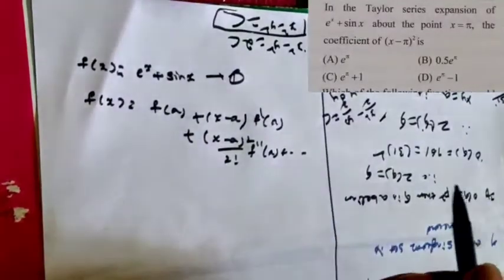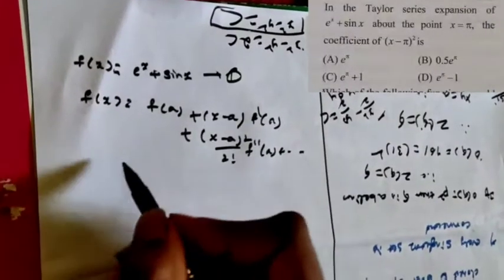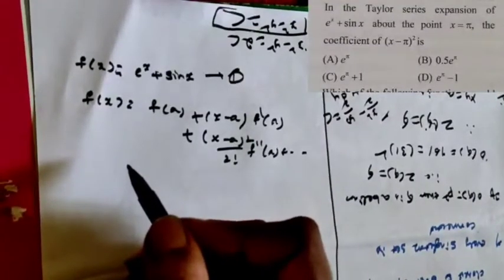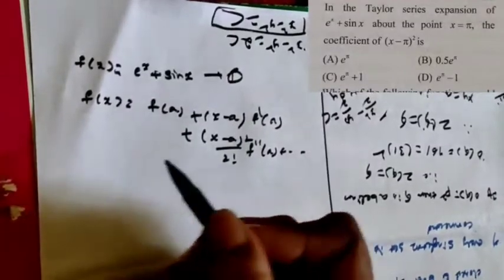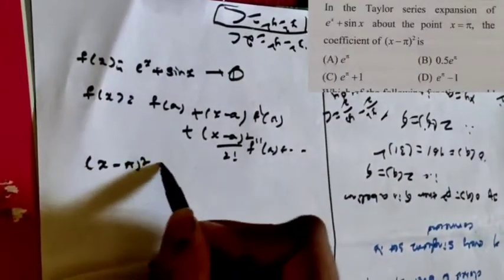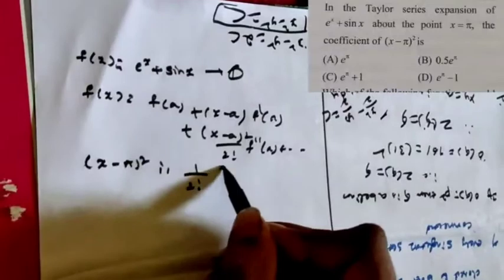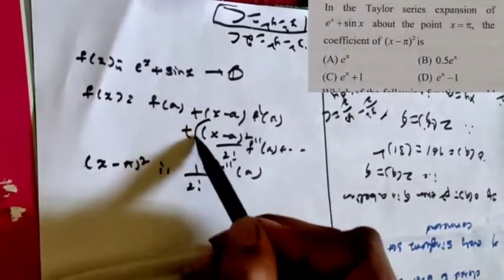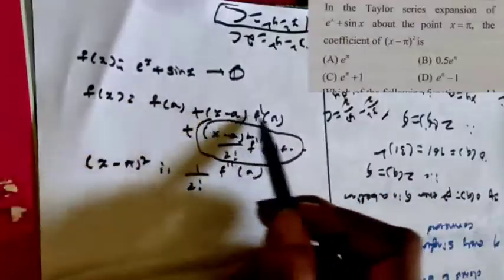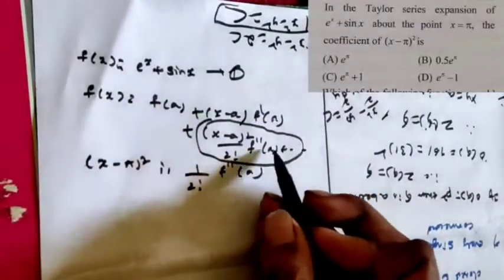Comparing the coefficient of x minus pi whole square, the coefficient is 1 by 2 factorial f double dash of a. Okay, we only need to find this term, we need not find all the other terms.